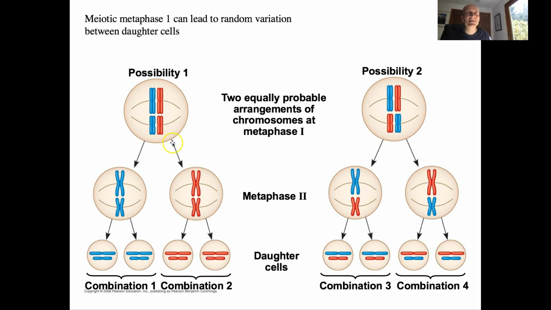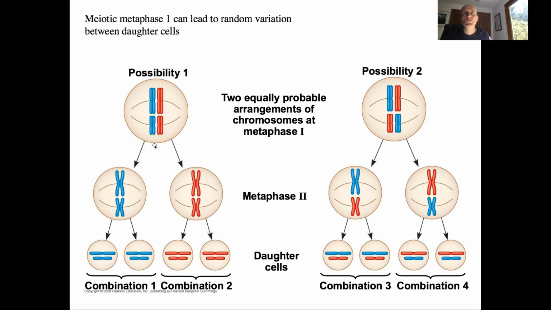Crossing over adds to the variation. And of course, if you have a cell that has not only 2 chromosomes, but let's say 3 chromosomes, then you have even more possibilities, right? You could have blue, blue, blue, red, red, red, if this were 3. Or you could have the variation on the 3rd chromosome.